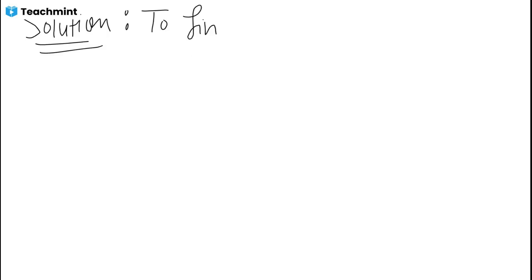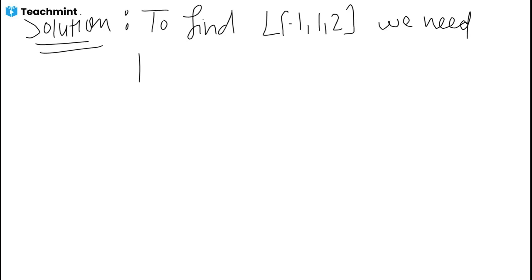In the solution, to find L, the linear transformation of (-1, 1, 2), we need to express this vector.